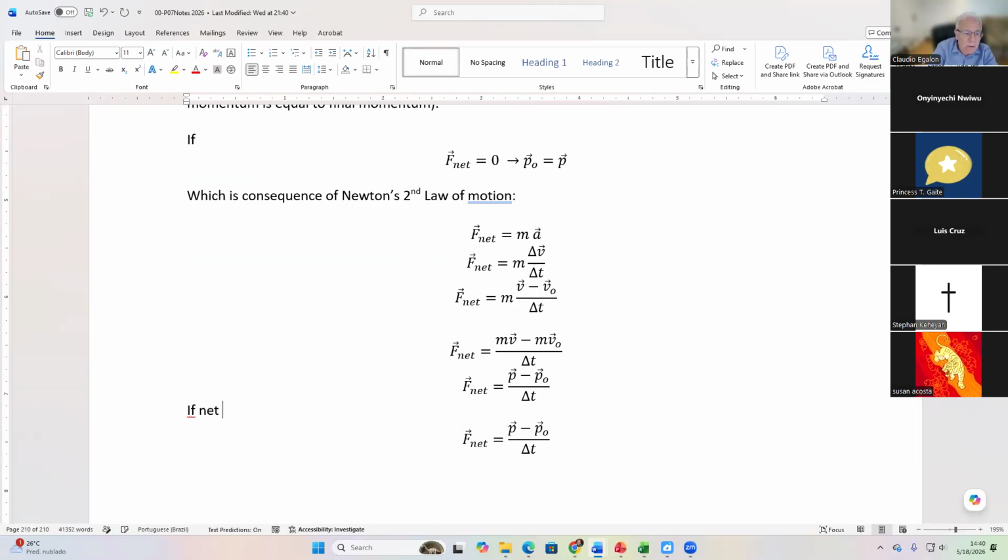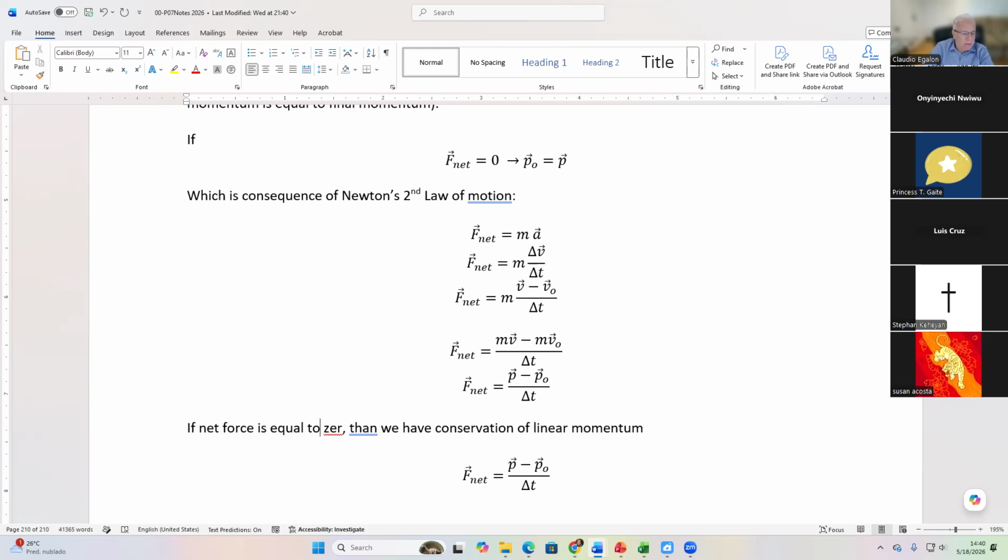If net force is equal to 0, then we have conservation of linear momentum according to Newtonian mechanics.